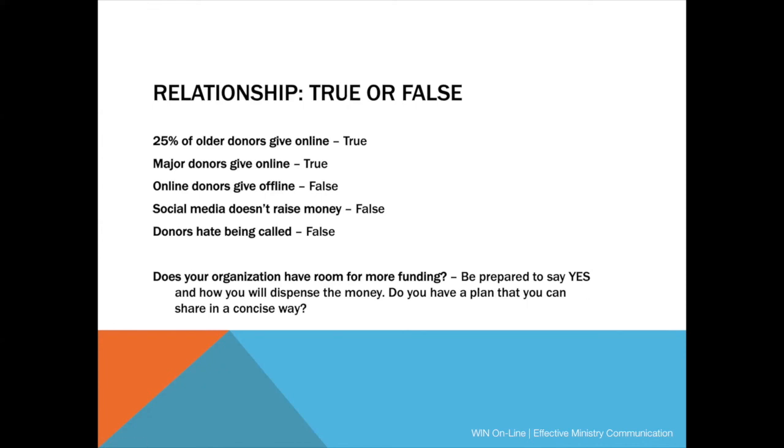And then, does your organization have room for more funding? I'm sure everybody can say, yes, I want more funding. So if you're prepared to say yes, you need to be also prepared to explain to them how you're going to dispense the money. Do you actually have a plan that you can share in a concise way? And that's something that you can work on.